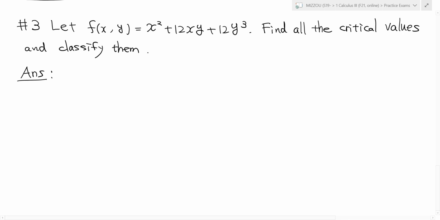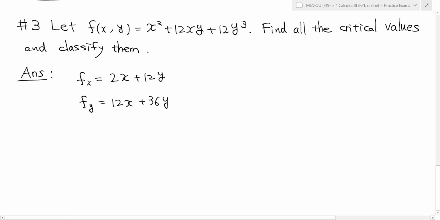So first, let's find all the critical points, and those are the points where both of the partial derivatives are 0. So let's just compute f sub x, and that is 2x plus 12y, and f sub y, and that's 12x plus 36y squared.